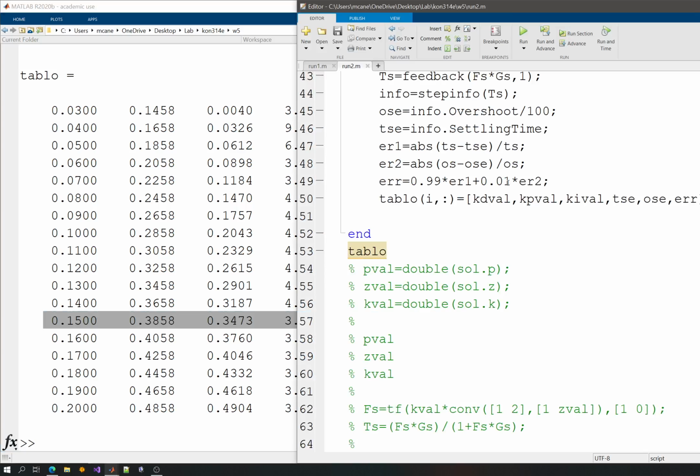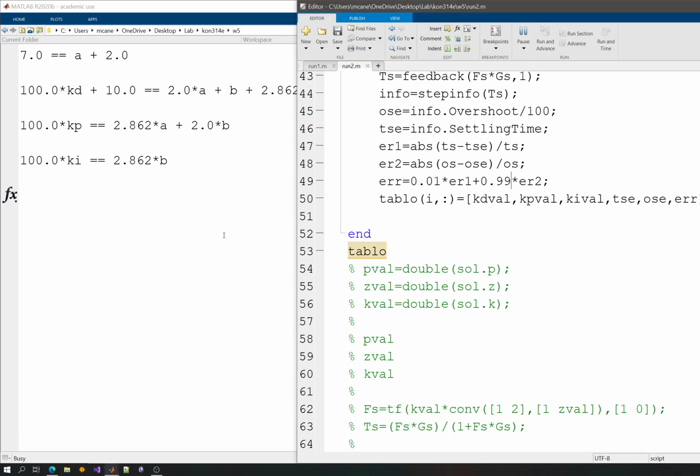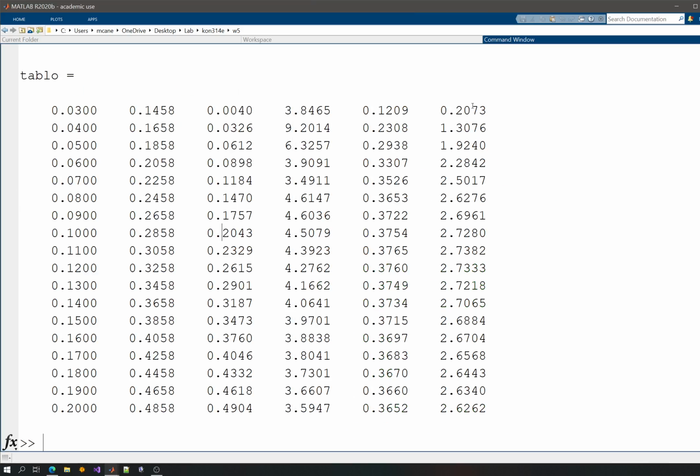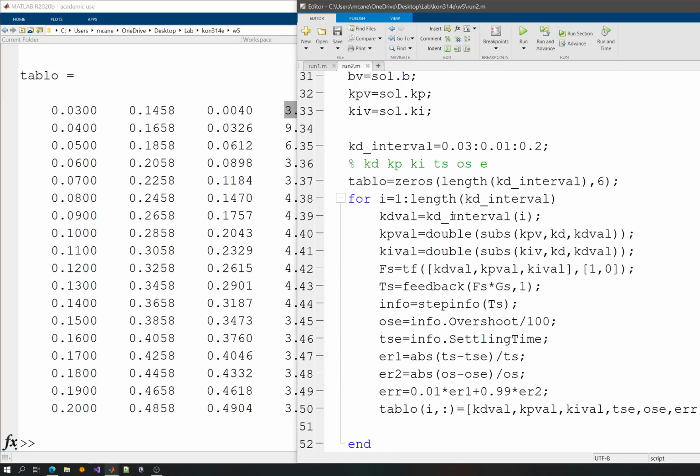Now, if I change it around, I will see that the optimal solution should change. Now basically I can see that the settling time doesn't play a role here, and my solution is here. Let me just try to change the interval just a little bit. Let's adjust it a little bit. I guess 0.25 and 0.15 should maybe solve my issue.